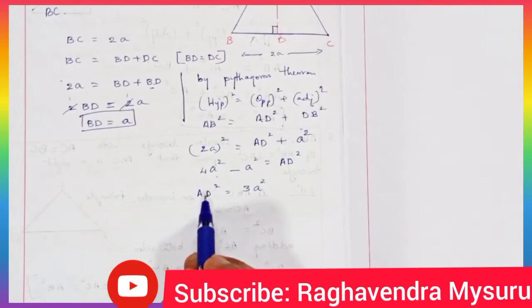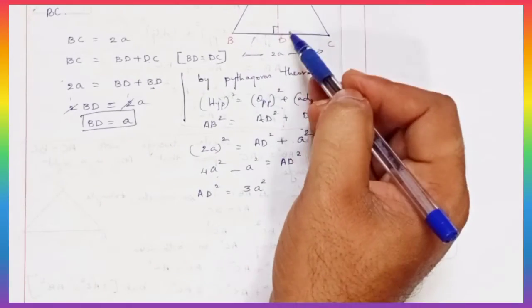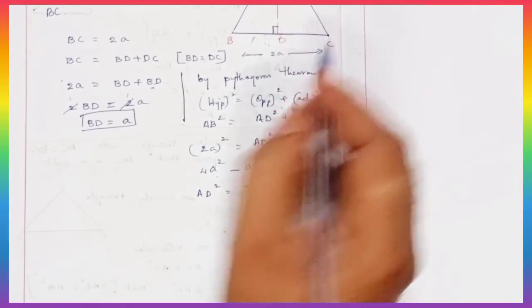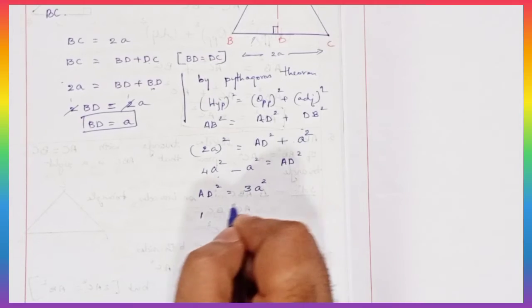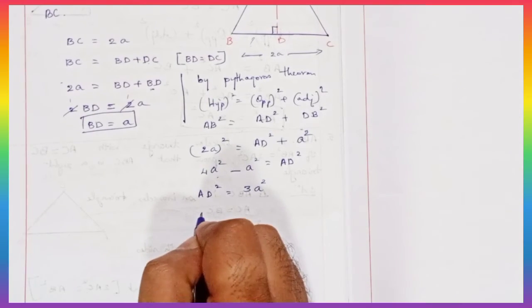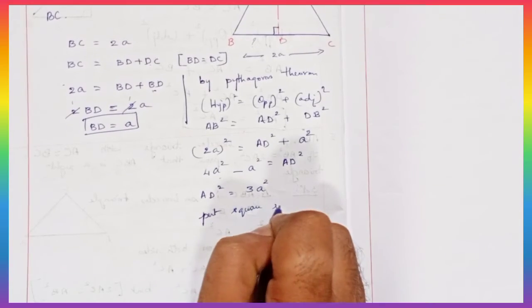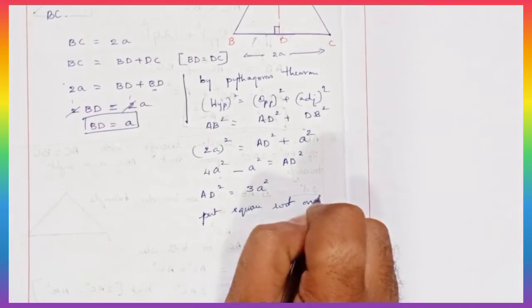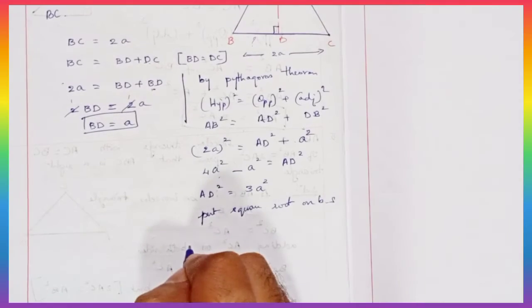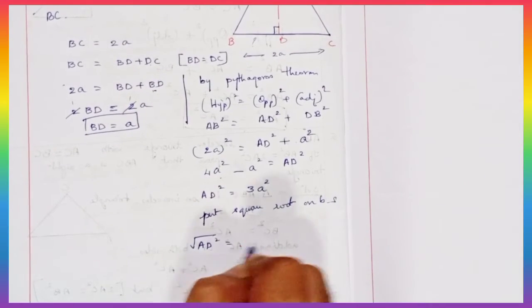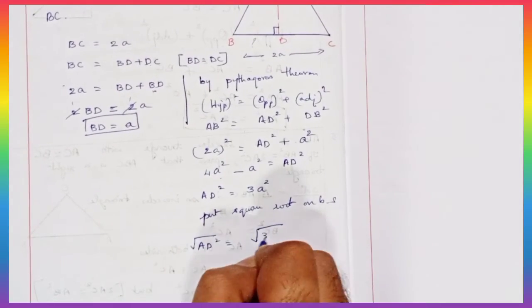Now I just want to find out the altitude measurement, that is AD measurement. I don't need AD square, therefore I need to put square root on both sides. What happens? Square root of AD square is equal to square root of 3A square.